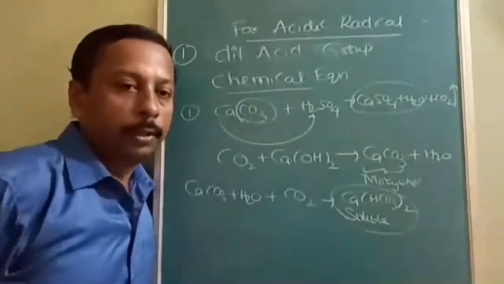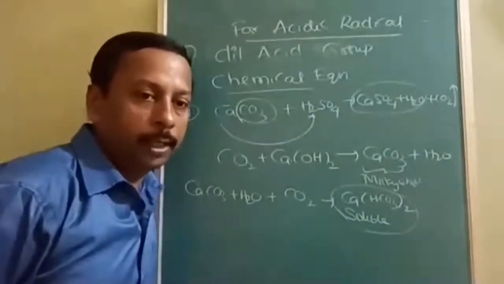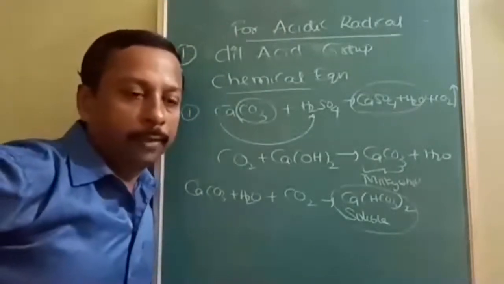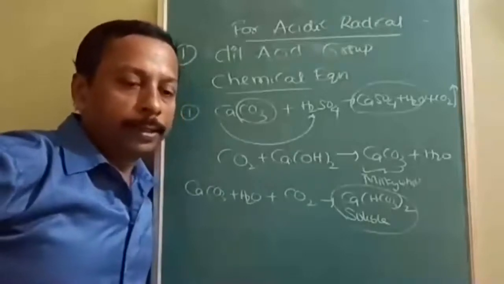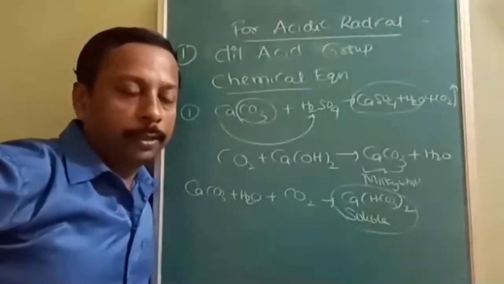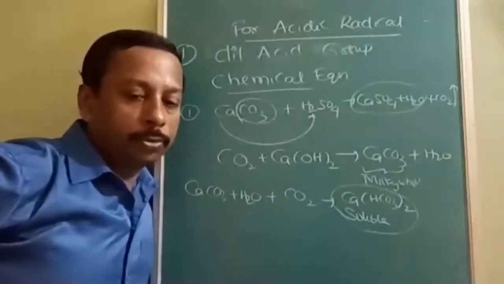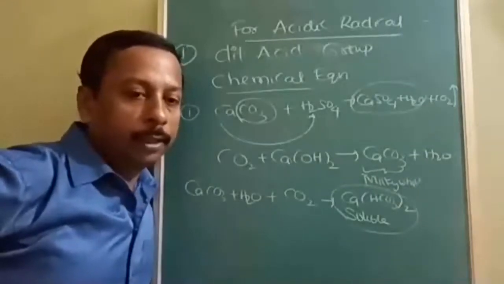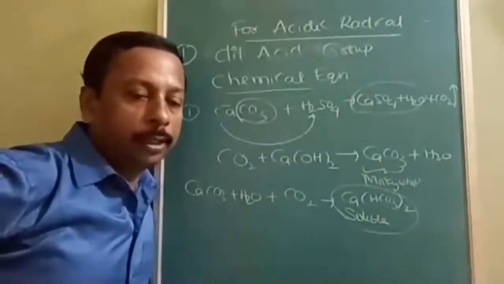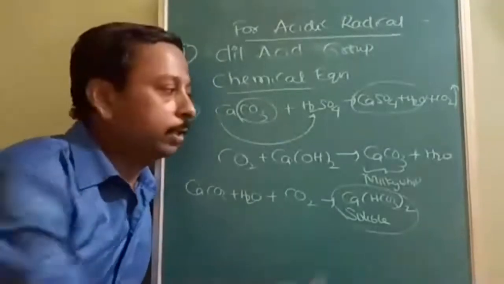How to confirm? First, to a sample of the given salt, we will add dilute H2SO4. If evolution of any gas occurs, it shows the presence of a group 1 acidic radical. If it is carbon dioxide, there will be evolution of a colorless gas. When that colorless gas is passed through lime water, if it turns milky, that shows the acidic radical is carbonate, because the milkiness is due to calcium carbonate.